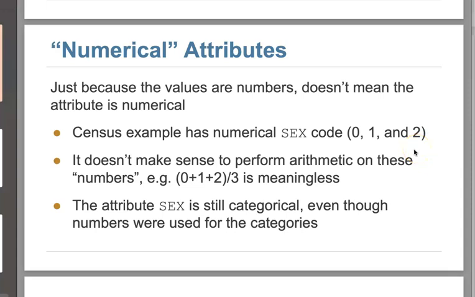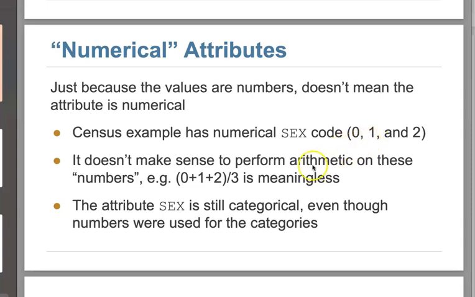That's why we say that sometimes, even when you see the values are numbers, the meaning of the attribute doesn't mean it's numerical. So we still need to check the exact meaning. Here we only have 0, 1, and 2 for the survey to choose one of, so they are categorical data. It also doesn't make sense to perform arithmetic on categorical data, even if they are numbers.